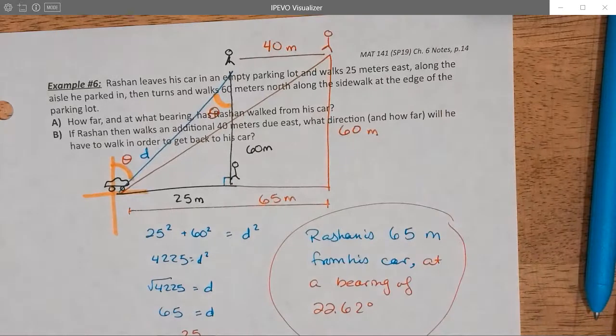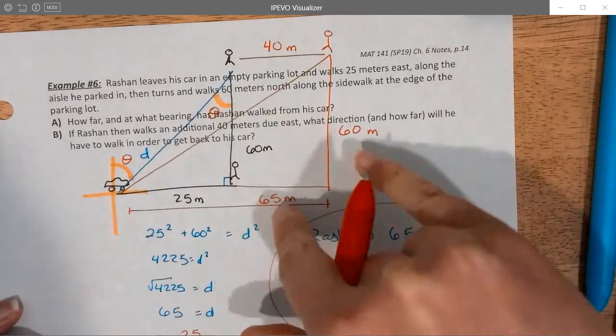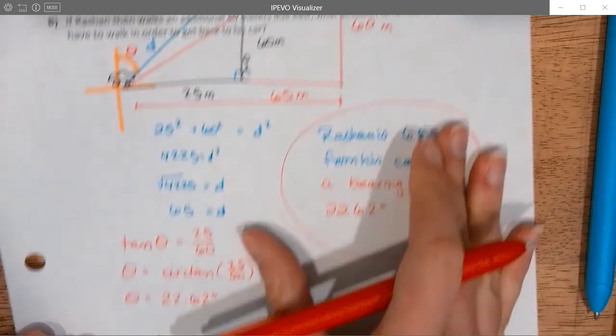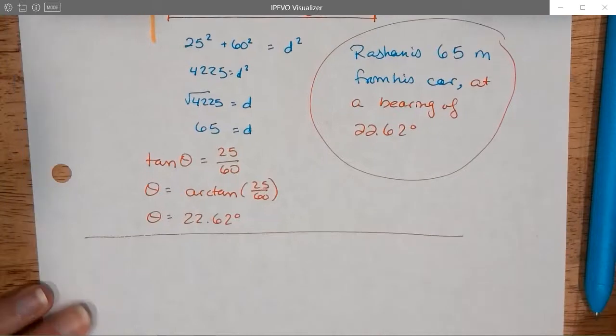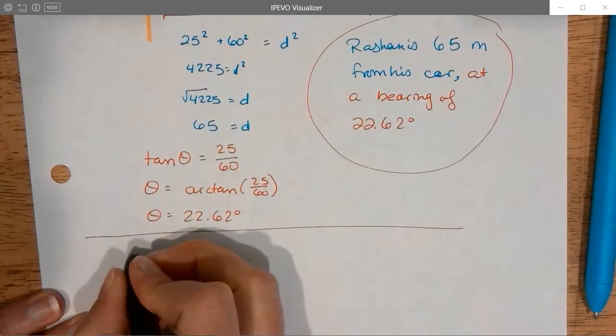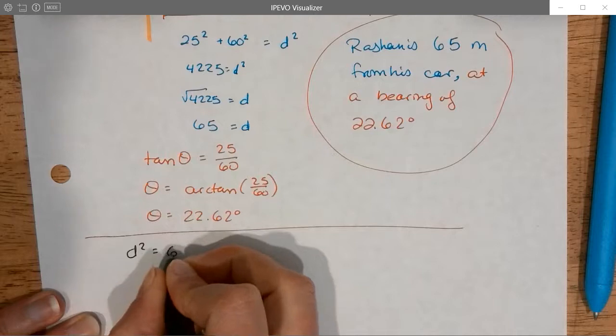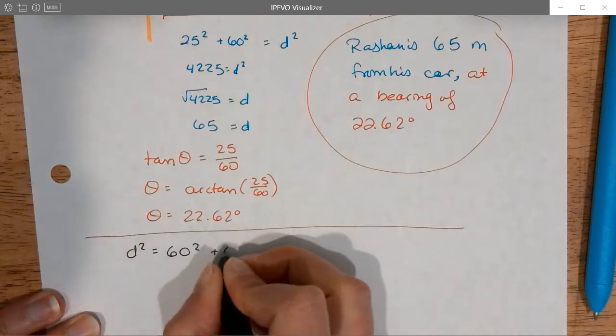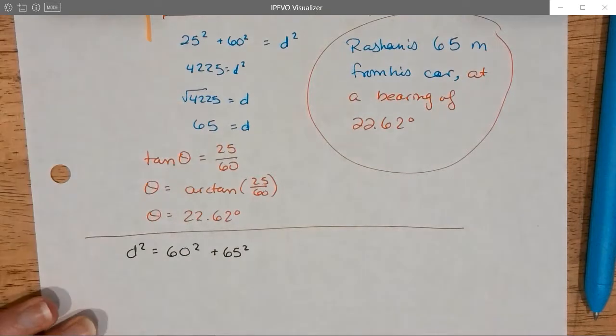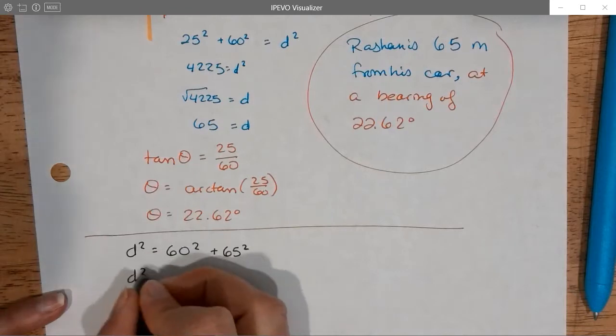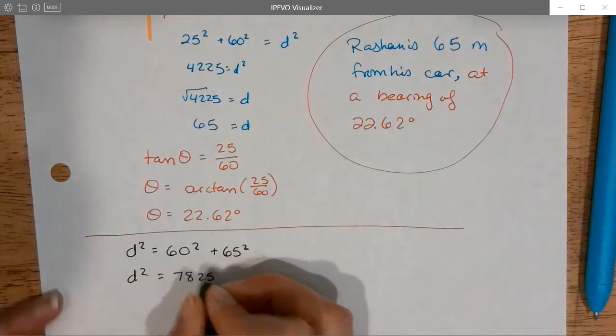All right, so in which direction and how far will he have to walk to get back to his car? The first thing I can find is how far, and that's using the Pythagorean theorem on these two things. So let's find out how far. The new distance is going to be 60 squared plus 65 squared. So 60 squared plus 65 squared is d squared equals 7,825, and the square root.